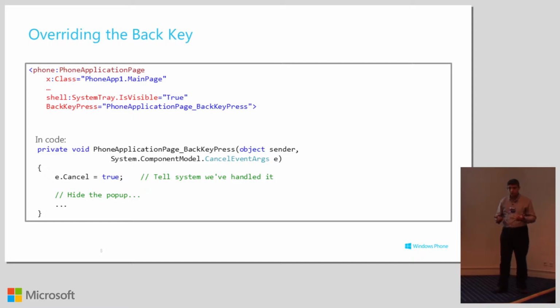But that's not what you want. So what you could do is you can use the cancel option within the arguments that are provided to you on the method, override that and say I do not want to cancel. And then in code you can close the panel and provide the required behavior.